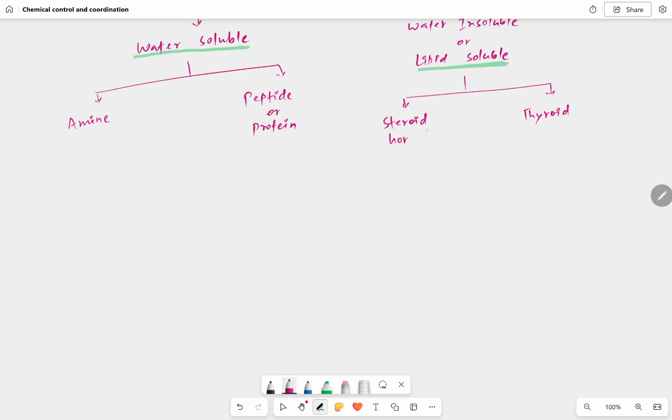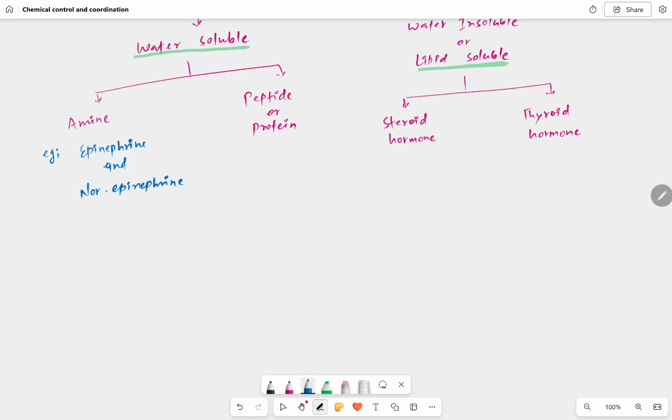So lipid soluble hormones are also called steroid hormones or thyroid hormones. An example of an amine derivative is epinephrine and norepinephrine.